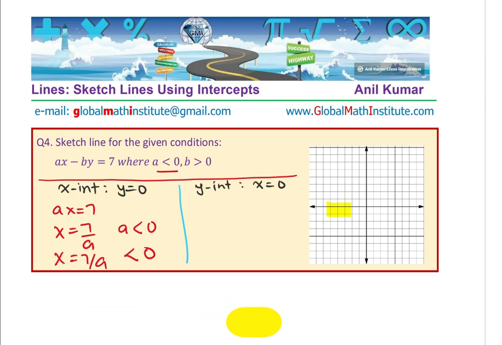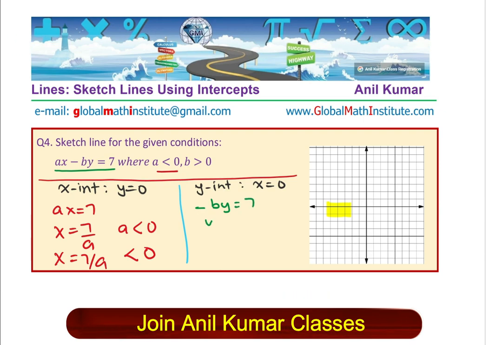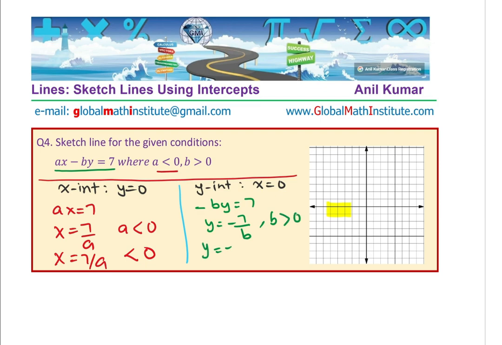Perfect. Now let's move on and take a y-intercept for the line ax minus by equals to 7. Substituting x equals to 0, we get minus by equals to 7, y equals to minus 7 over b. And since b is greater than 0, right, this is going to be negative, right? So y equals to minus 7 over b is going to be definitely less than 0.